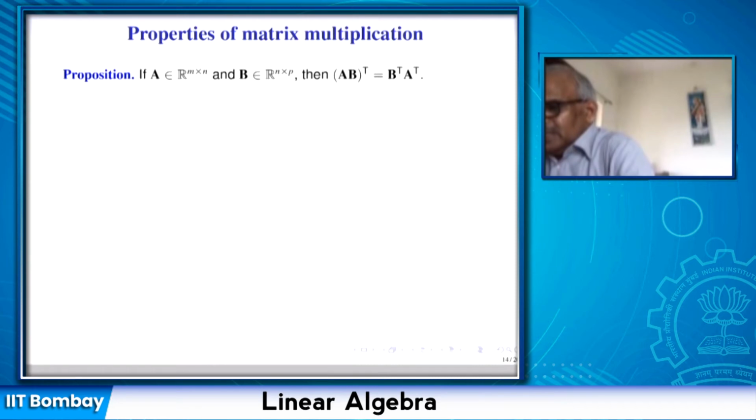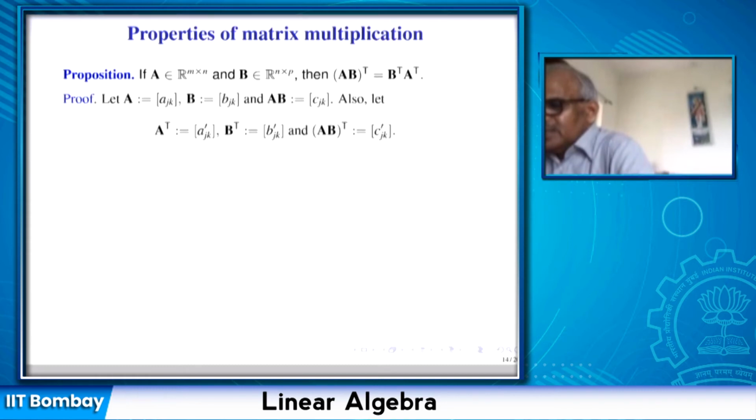But then B transpose is a P by N matrix and A transpose is an N by M matrix, and so I can multiply B transpose and A transpose. The transpose of A times B is the same as B transpose times A transpose. The ordering is changing here. You will not write AB transpose as A transpose B transpose, but it is equal to B transpose A transpose.